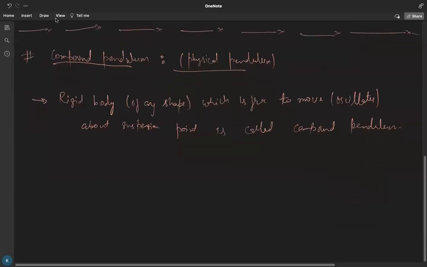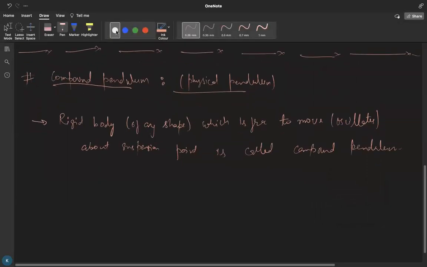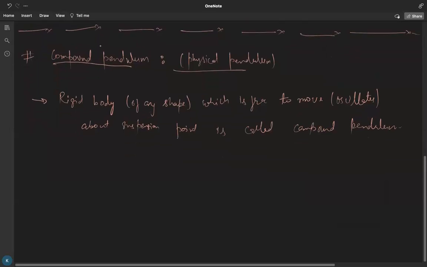Let me try to draw a figure here. Let's choose the white color. I'm assuming this is our suspension point, and this is our system, some rigid body. It's like a pot, you can say.